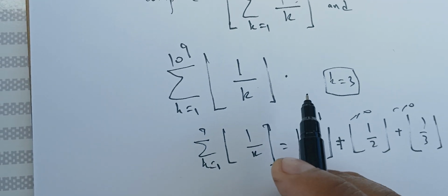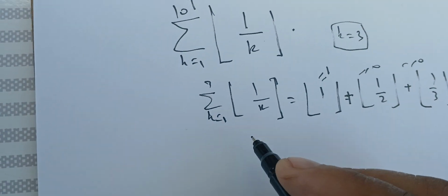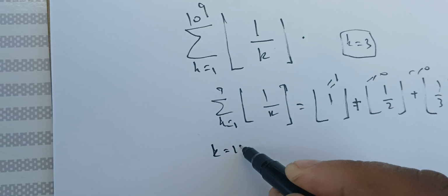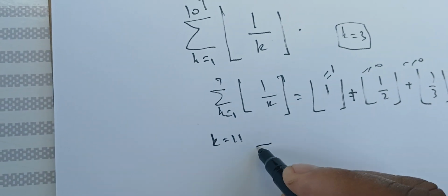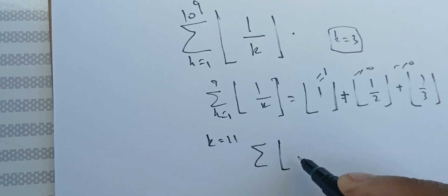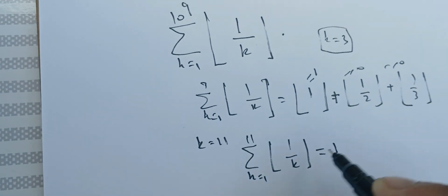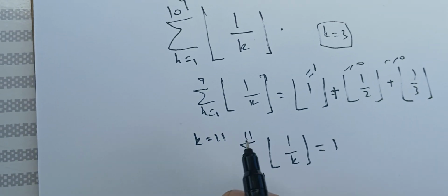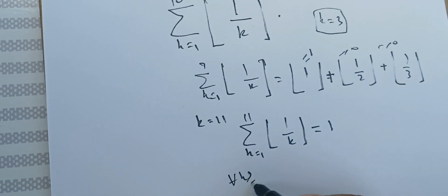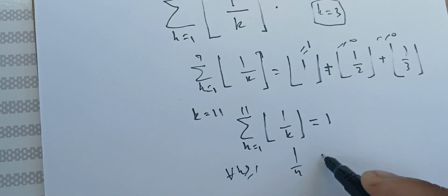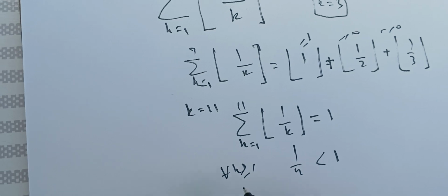But if we take a bigger number, but not that big, if we take k as 11, we can see that the sum of the floors of these numbers, where k is going from 1 to 11, is still gonna be 1. Because for all k's bigger than 1, 1 over k is gonna be strictly less than 1, except when k is 1.